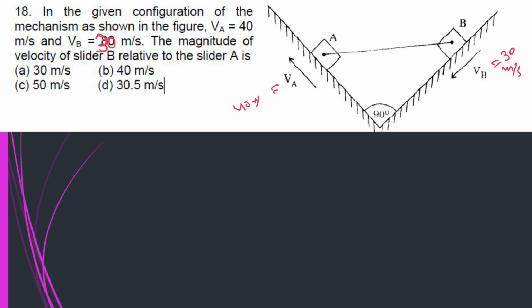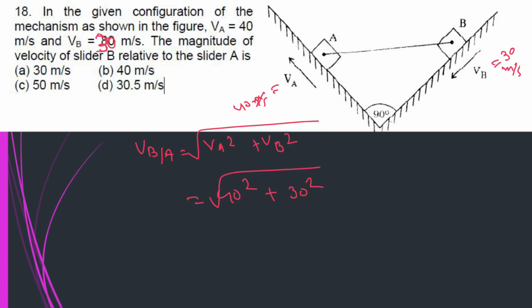VBA we have to calculate. Square root of VA square plus VB square, VA is 40 square plus 30 square, root over, 50 meter per second. C is your answer.